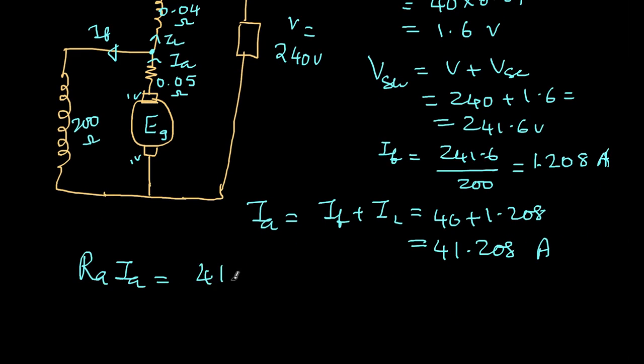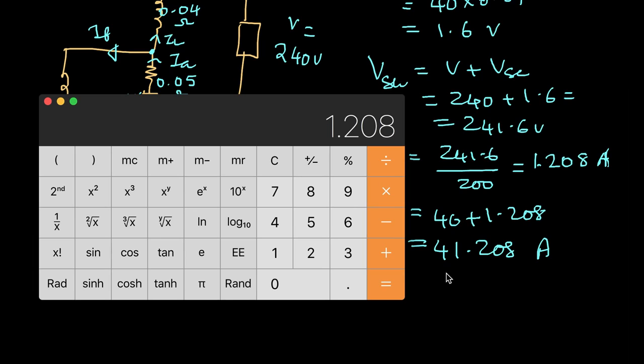That is 41.208 multiplied by 0.05, which is 3.268.